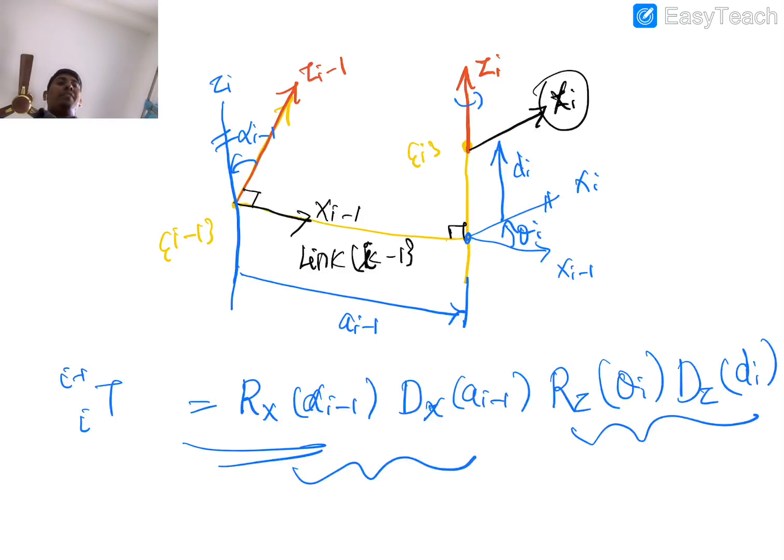It first makes sure that both the joints are parallel and collinear. After that it sees what is the distance and angle apart between these two. Okay, so this is the basic idea behind the standard and non-standard form.